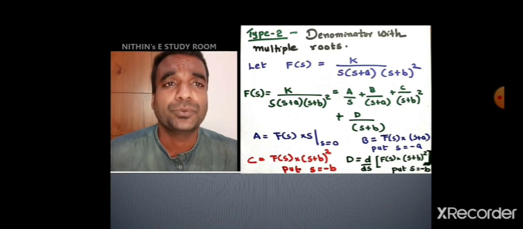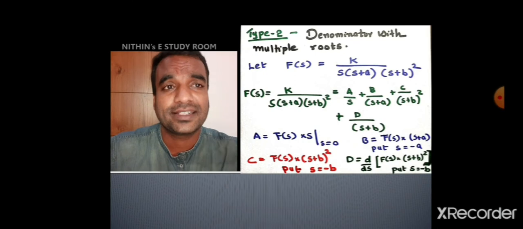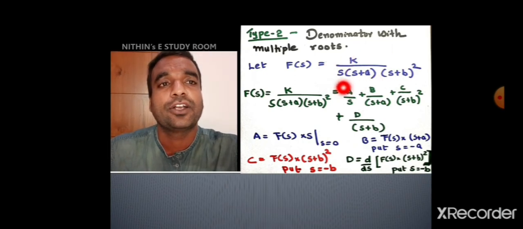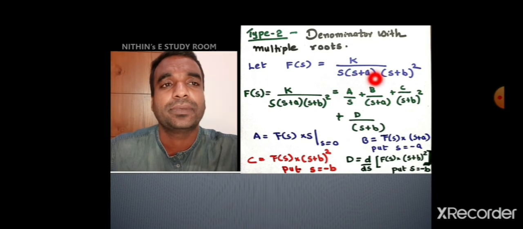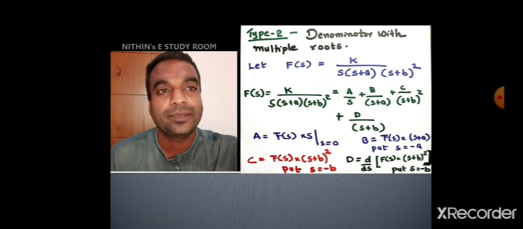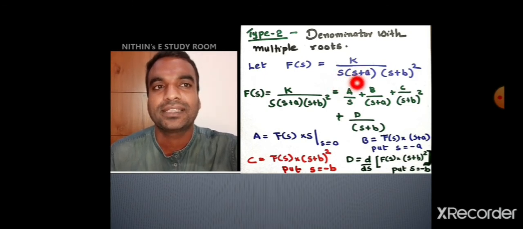Now it is type 2. Denominator with multiple roots. Here we can say this is a function in the frequency domain. Its denominator is having s into (s plus a) into (s plus b) whole square. So for the first term, the root is s is equal to 0. For the second term, it is s plus a is equal to 0, so s is equal to minus a.